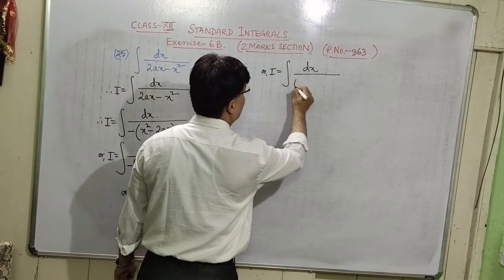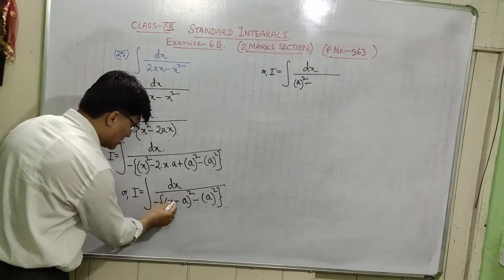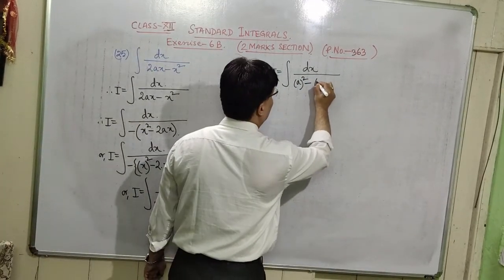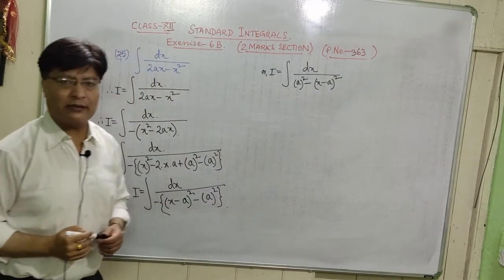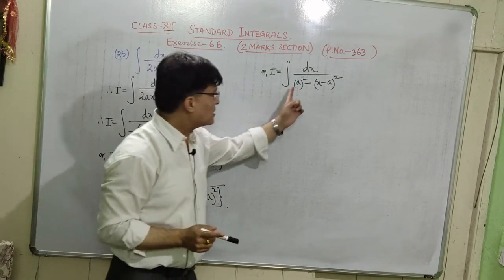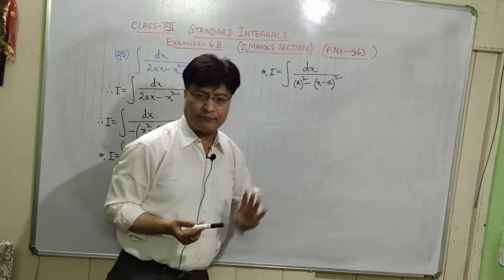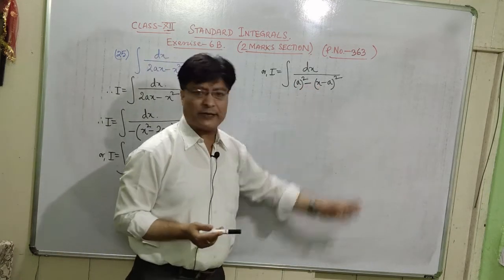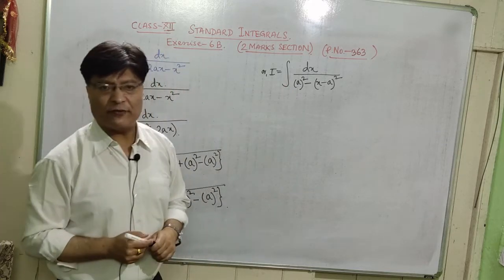Let us write plus a square first, then minus this is x minus a whole square, this is your x minus a whole square. Is that clear now? So this is the value for I. So here instead of a there is a only, and instead of x there is x minus a. Here the variable is x minus a, you can take it as x, and here the constant is a, that is the value for a.